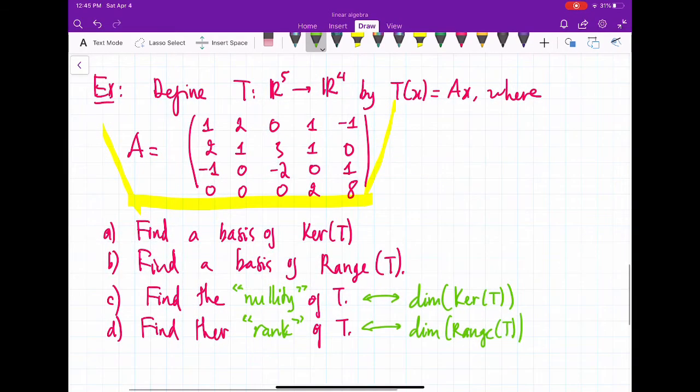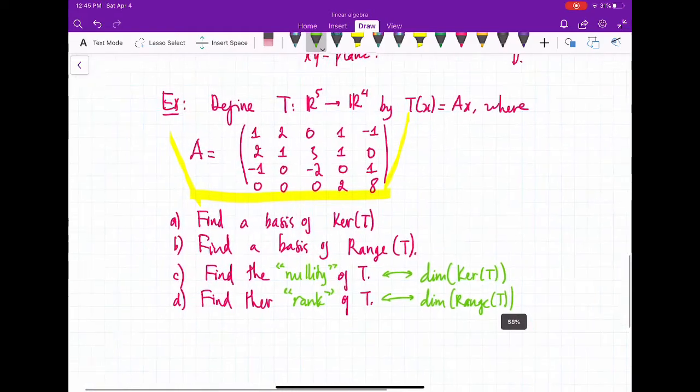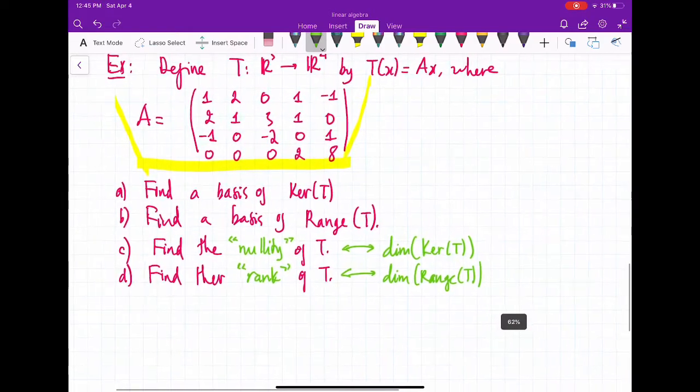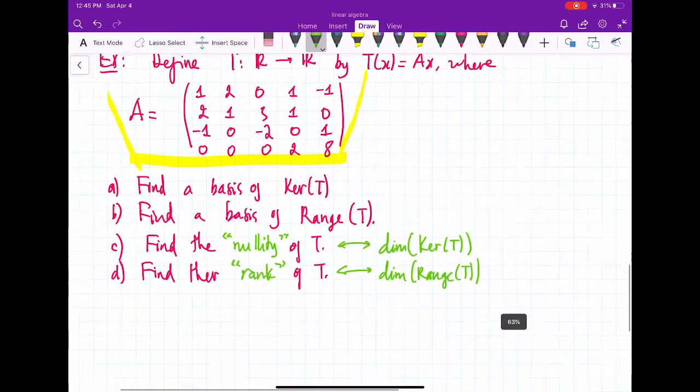Like the previous example, we need to find the reduced row echelon form of the matrix A. I will not solve that in detail. I'll just go ahead and write the reduced row echelon form. Using that, we will have enough information for this problem.